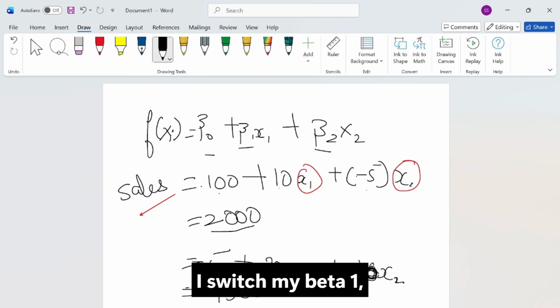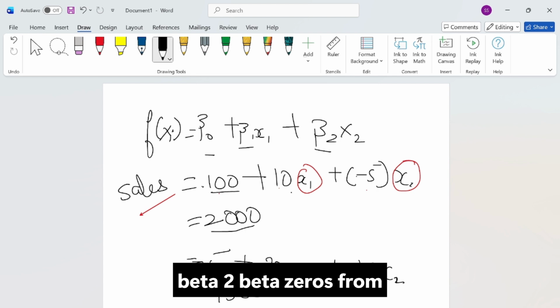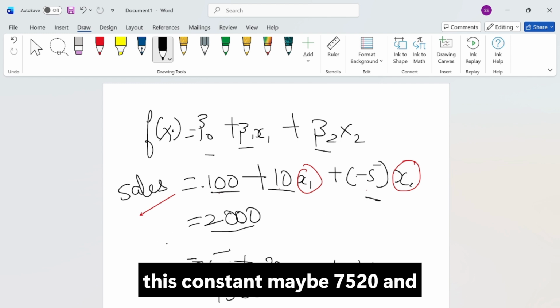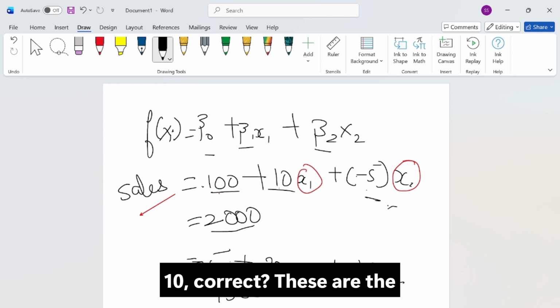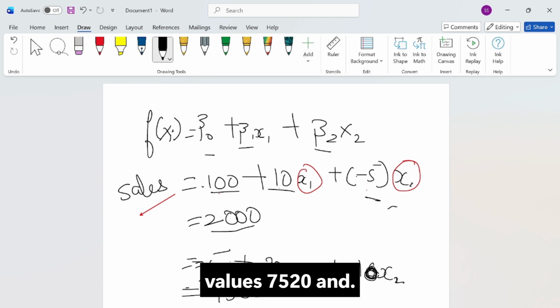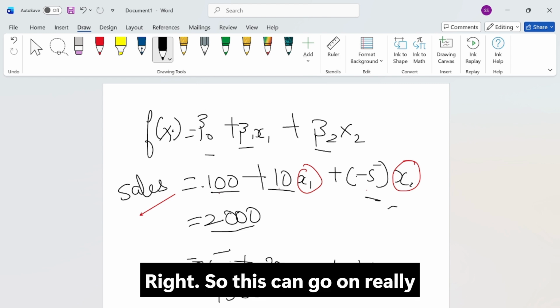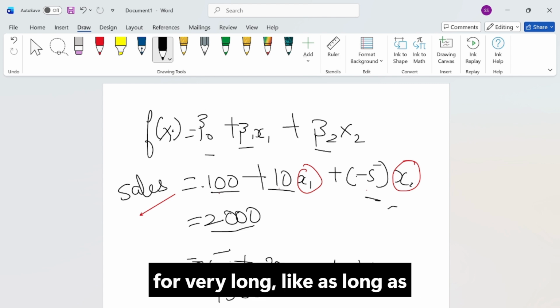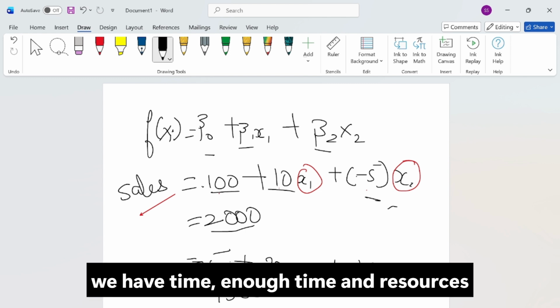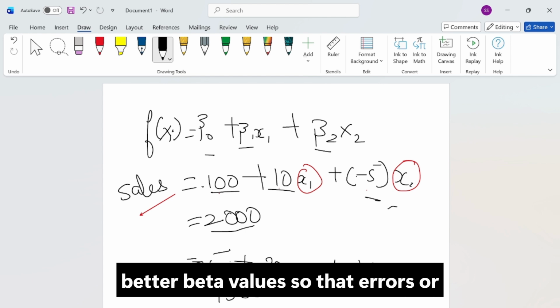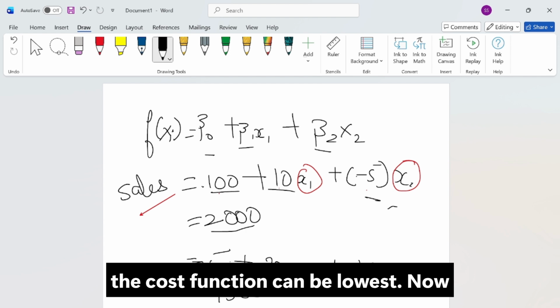So I switch my beta 0, beta 1, beta 2 from these three constants to now these constants, maybe 75, 20, and 10, correct? These are the values 75, 20, and 10. Right? So this can go on for very long, as long as we have enough time and resources to do that, just to get some better beta values so that errors or the cost function can be lowest.